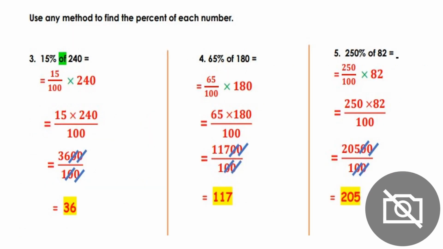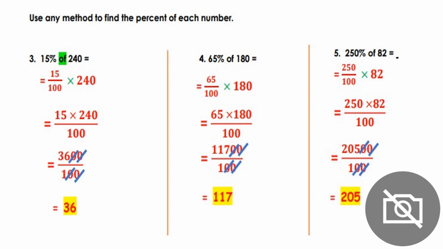See here, use any method to find the percent of each number. So here we are finding the percentage. So 15% of 240. 15 out of 100 times 240. So you can multiply 15 with 240 and divide by 100. 15 times 240 means 3600, divided by 100, you will get 36.